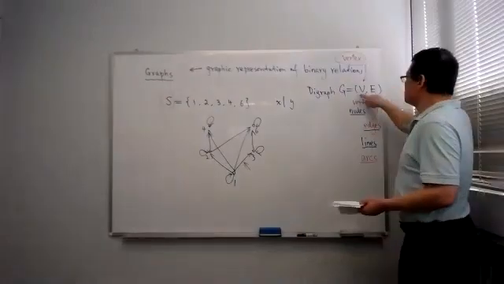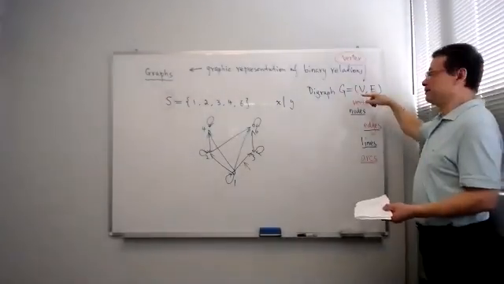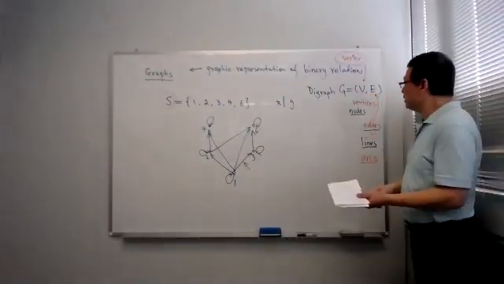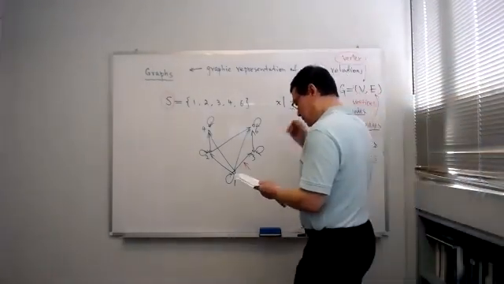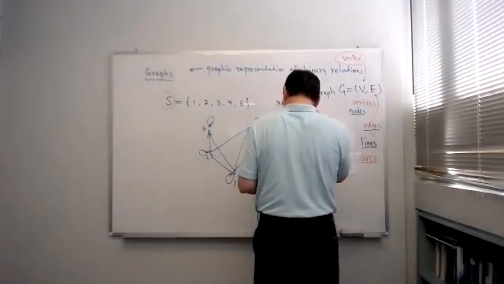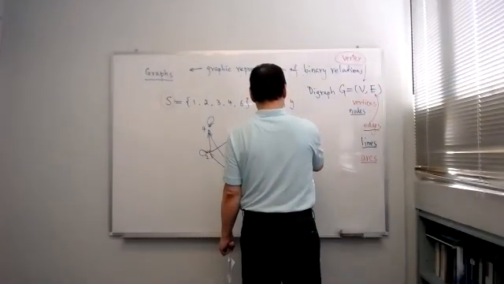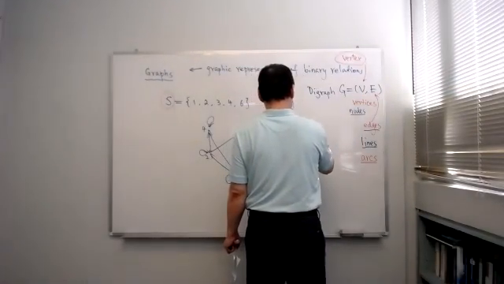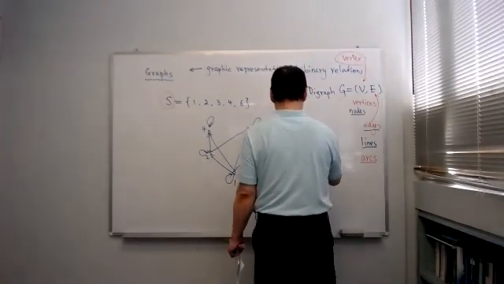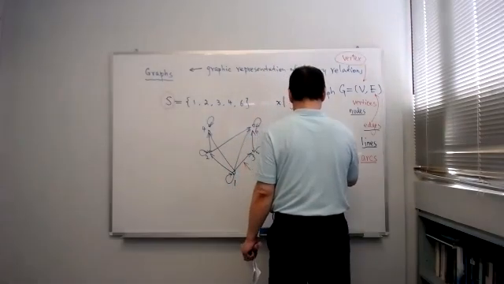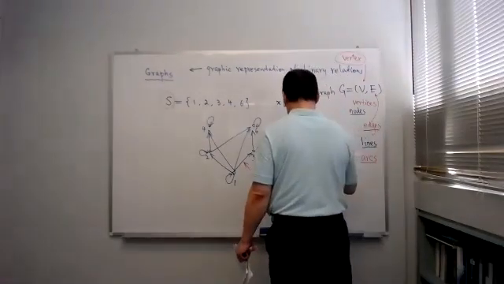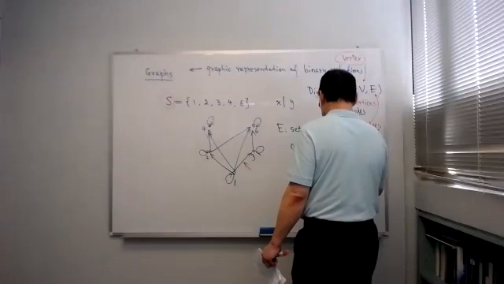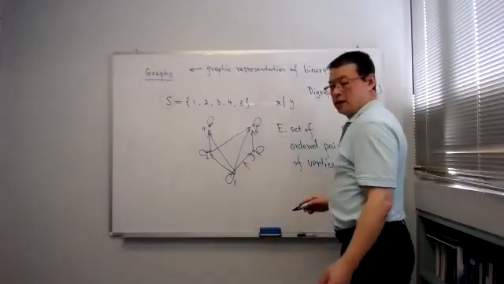Now V is just a set of elements, called the vertex set. And E is a set of ordered pairs of vertices.